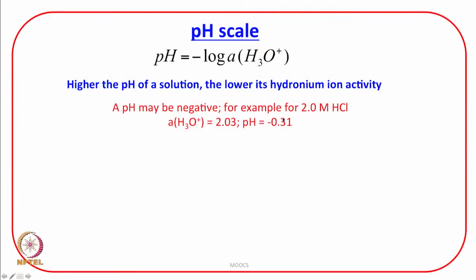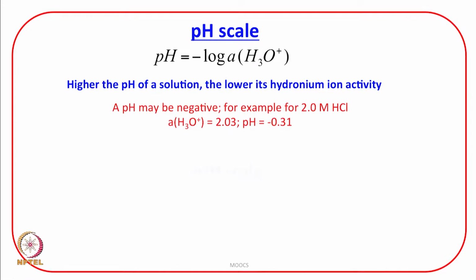For example, as shown over here, if we calculate pH for 2 molar hydrochloric acid, for which the activity is 2.03, the pH comes out to be minus 0.31. That is what I said earlier. If the concentration or the activity of hydronium ion is very high, the pH is going to be very low, and vice versa.